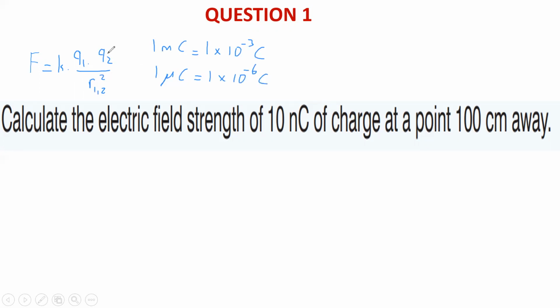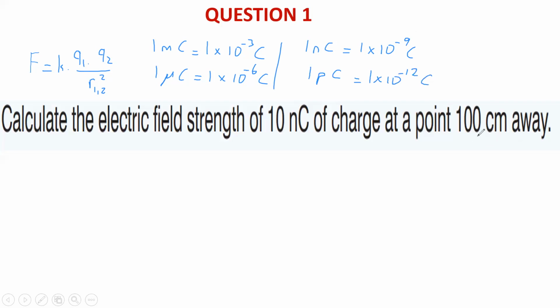So please remember that. So micro Coulomb is 10 to the power of negative 6. What else we have? 1 nC, just like this question. If you see nC, you write 1 times 10 to the power of negative 9 coulombs. And another one we didn't see so far, but pC, picocoulomb, 1 times 10 to the power of negative 12 coulombs.